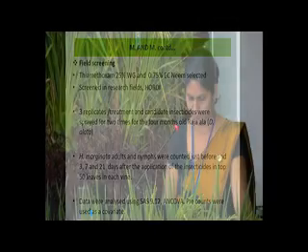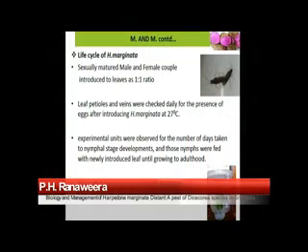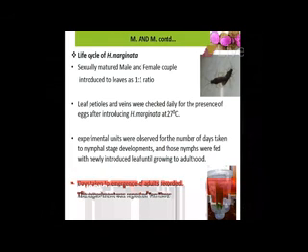For the life cycle study, sexually matured male and female insects were used. We conducted a number of preliminary trials to observe where they lay eggs and how many days they take to lay eggs. For that, leaf petioles and leaf veins were checked daily for the presence of eggs.